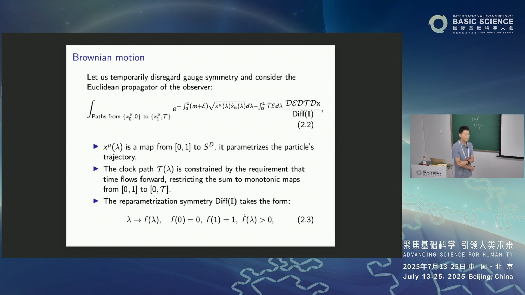In this action, which parts represent the observer for the clock or the particle? So this X represents both X and E. This curly E and curly T represent the observer, but the observer contains two parts. X you can think of as the location of the observer in de Sitter space, and the curly E is a clock associated with the observer that measures its proper time.